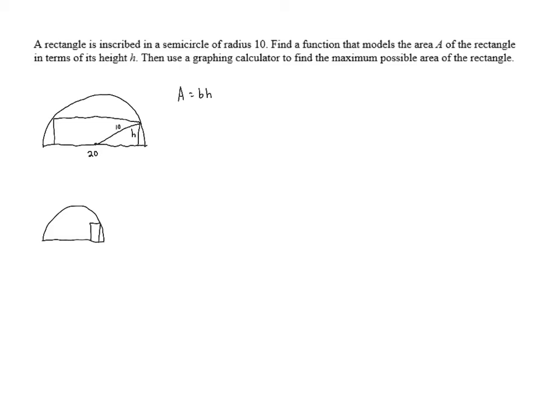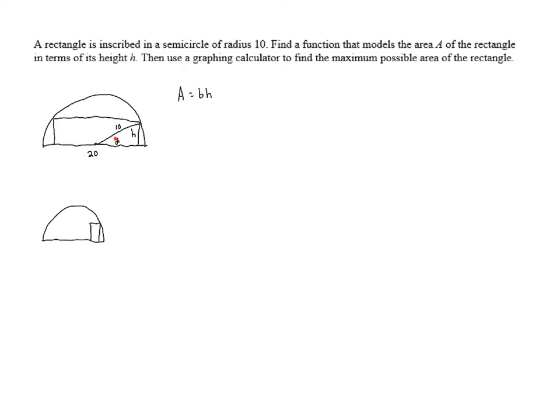So that has length 10. And so if we want to find this distance here, which represents half of the base, we can use this right triangle and the Pythagorean theorem to figure it out. I'm just going to call this distance d.